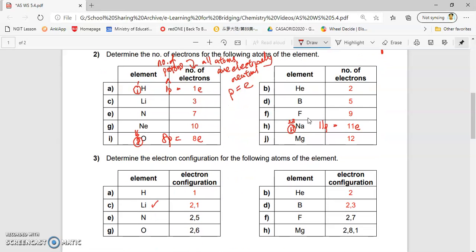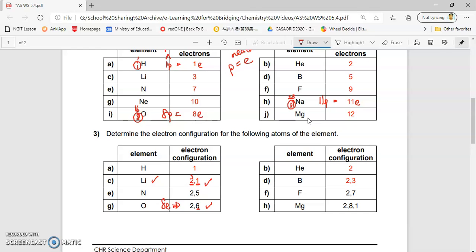As such, 2 electrons will go to the first shell, and I have 1 left, which will go into the second shell. Hence, lithium is 2, 1. For oxygen, we found out that it has 8 electrons. The first shell maximum is 2, so 8 minus 2, I have 6 left. Can all 6 fit into the second shell? Yes. That's why the configuration is 2, 6.